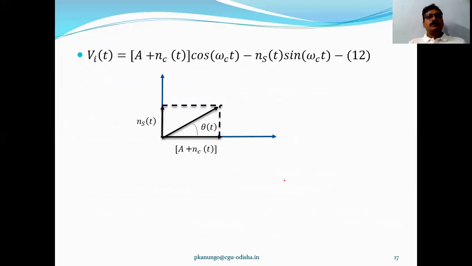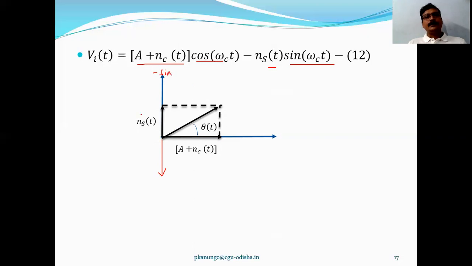Because cos and sine are orthogonal to each other, the magnitude A plus NCT is in the x direction. NST can be represented here. The sine term is here, so the minus sign is on this side, so it is a minus term.